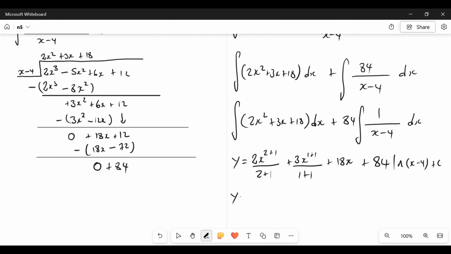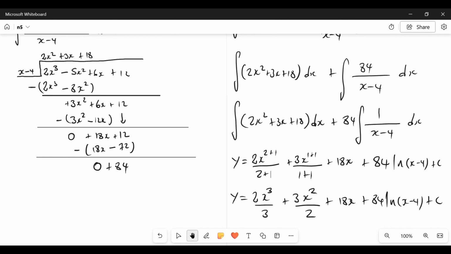You can say y is equal to 2x to the power of 2 plus 1, that's going to give us 3 divided by 3, plus 3x with the power of 1 plus 1, that is going to be squared divided by 2, plus 18x plus 84 ln open bracket x minus 4 and close bracket, that is going to be plus c.